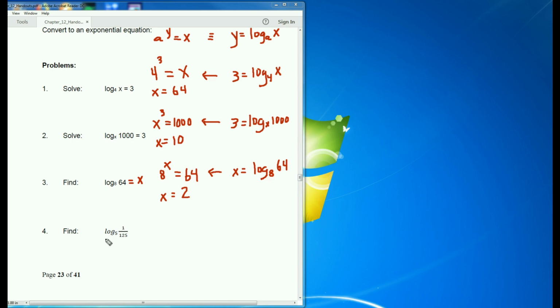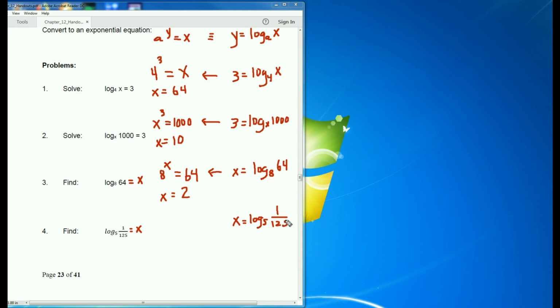All right, number 4, find log base 5 of 1 over 125. So just like we did above, we create an equation by setting that equal to x, and we want to solve for x. All right, so let's just write this underneath here. So we've got x equals log base 5 of 1 over 125.